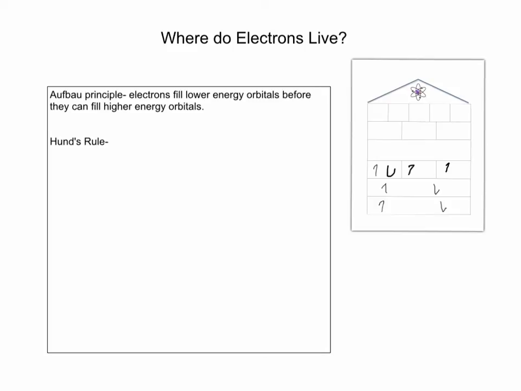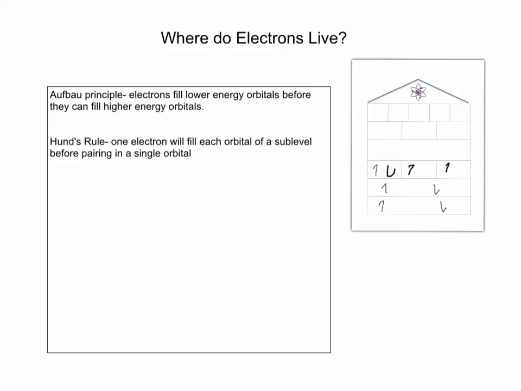Hund's rule states that one electron will fill each orbital of a sublevel before pairing in a single orbital. So that means you need to put one electron in each box, each orbital of a sublevel, before you pair them together. Electrons like their own room.